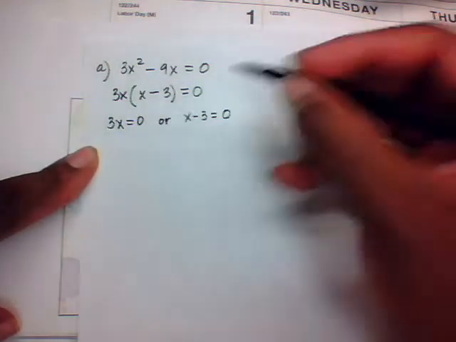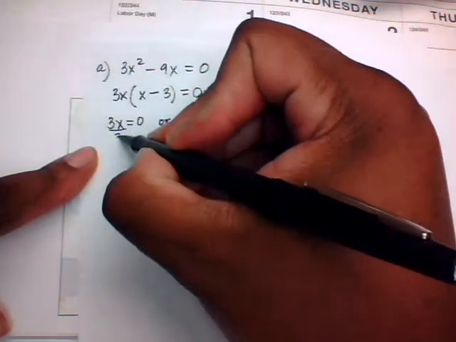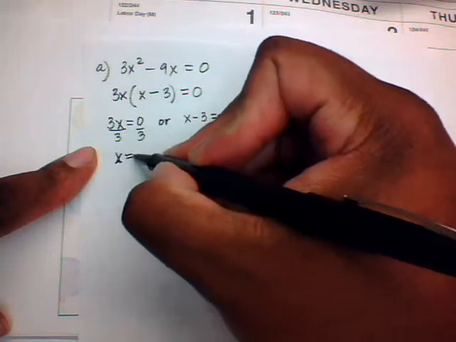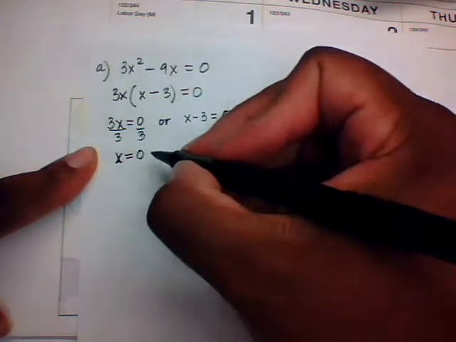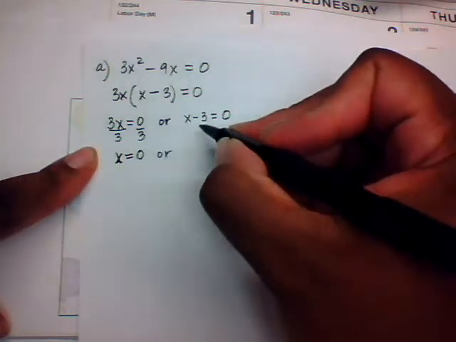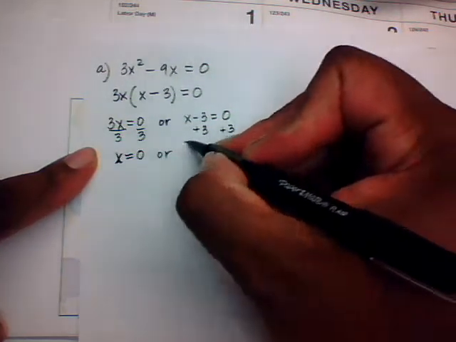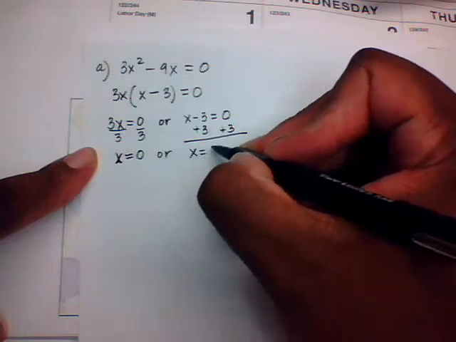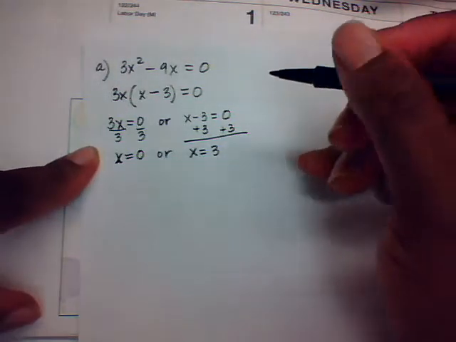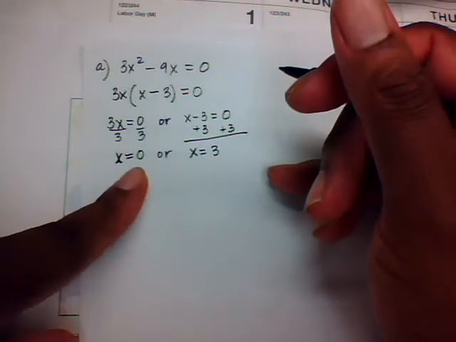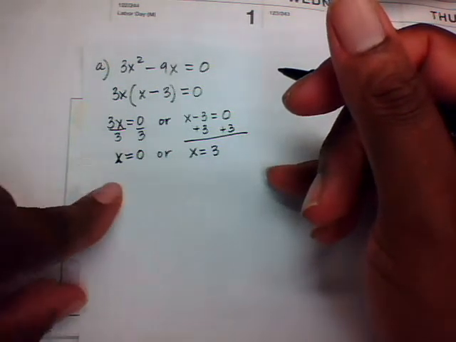So for 3x equal to 0, if you simplify that, you're going to find out that x does equal 0. And then for x minus 3 is equal to 0, if you add 3, you're going to have x is equal to positive 3. So my two solutions for this quadratic equation will be x is equal to 0 or x is equal to 3.